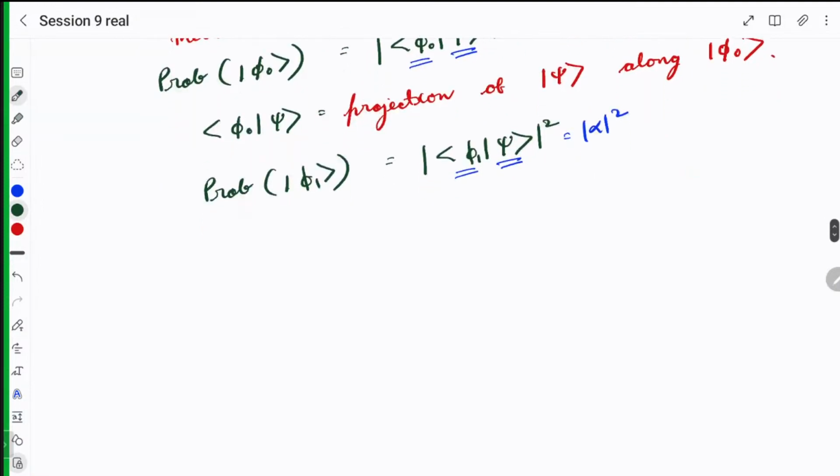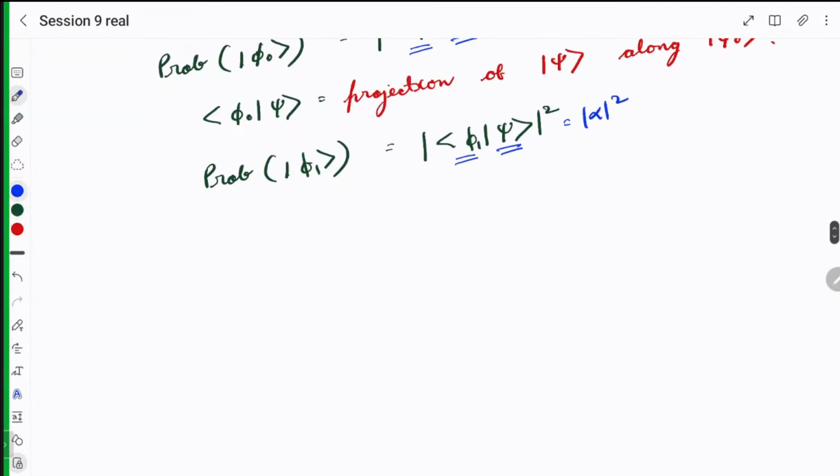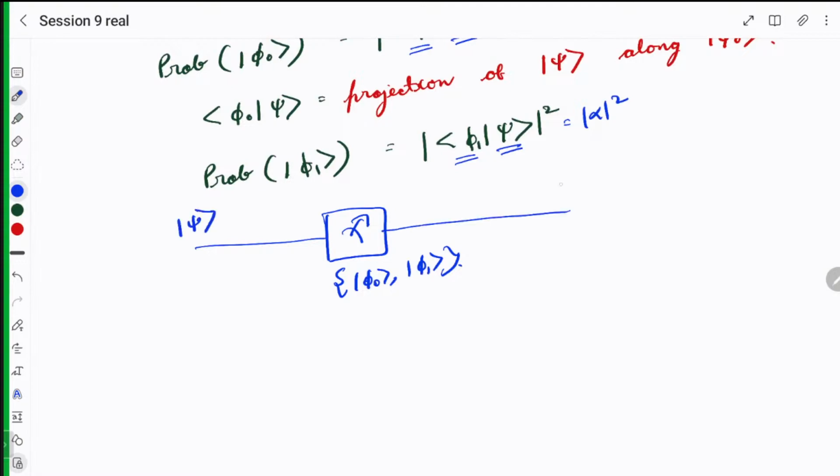Now, basically what's happening is that you have this measurement apparatus, which is measuring along the basis phi naught, phi 1, let's say, and you have this initial state psi, and with alpha squared probability you are getting phi naught, and with beta squared probability phi 1. So this is everything which we already know, nothing new.